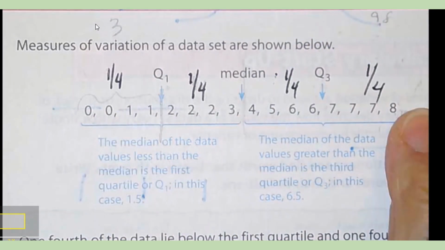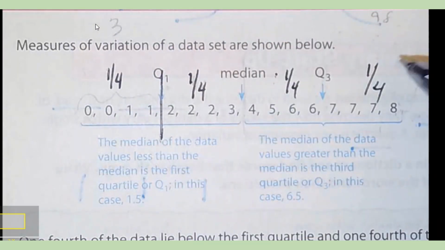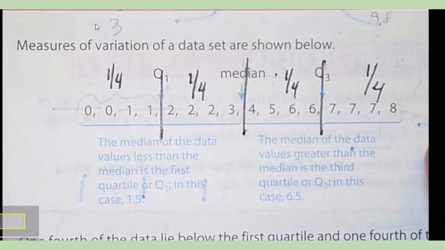So we have how many? We have 4 quarters. There's 1, here's 2, here's 3, and here's 4. 1, 2, 3, 4. And there you have it, students.